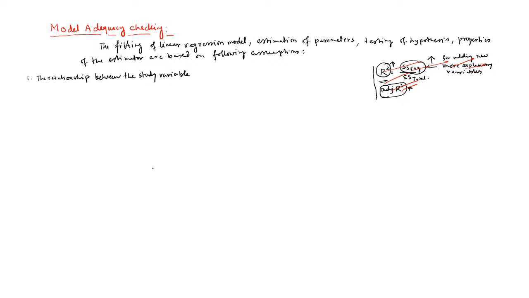So, the relationship between the study variable or dependent variable and explanatory variable or independent variable is linear, or at least approximately. Secondly, the error term has zero mean.